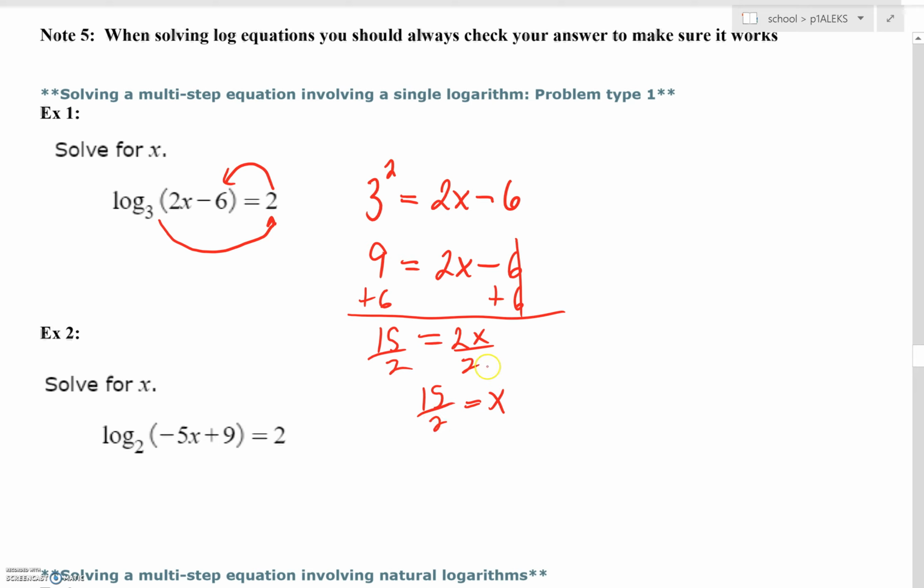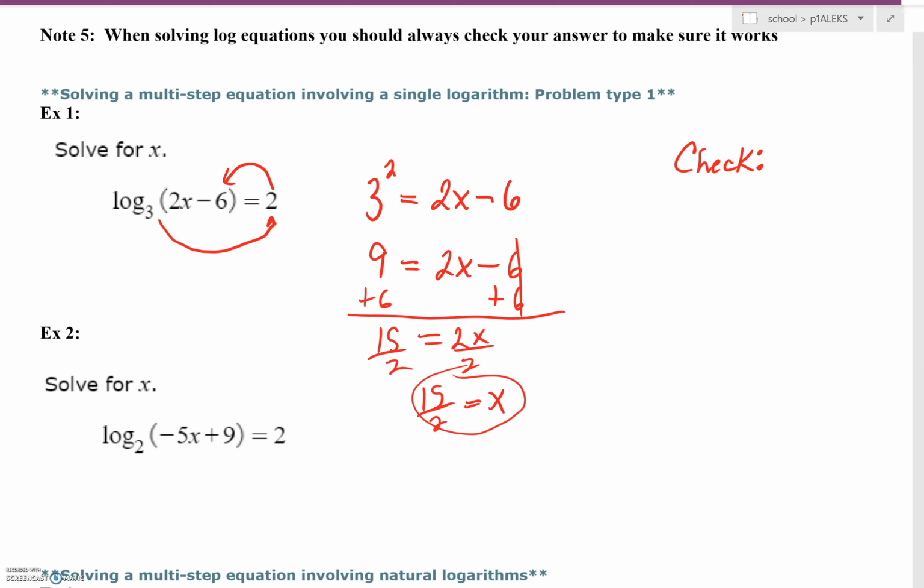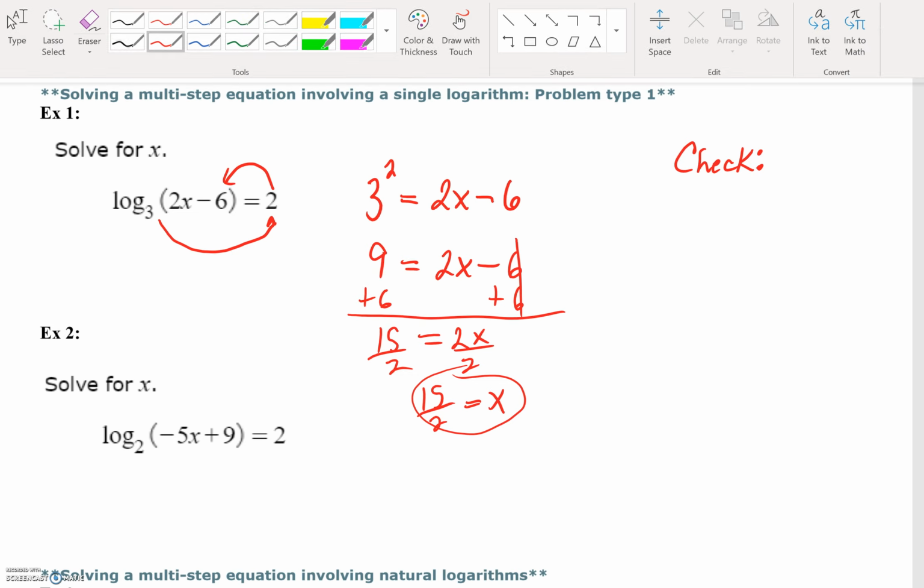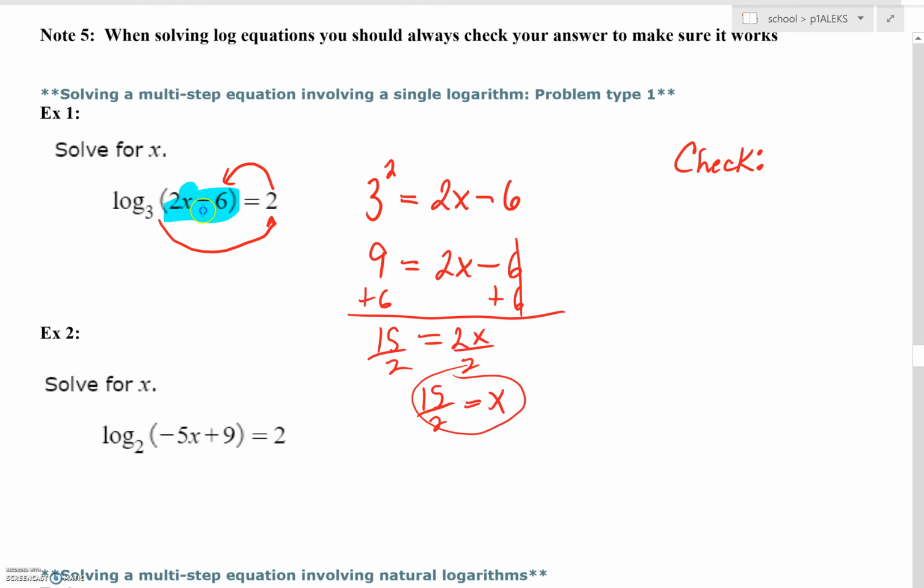But the question is, does this work? We might have to throw this out. As we're going to do ourselves a little checking right here, again, our focus is primarily on the inside of a log. And that's right in here.